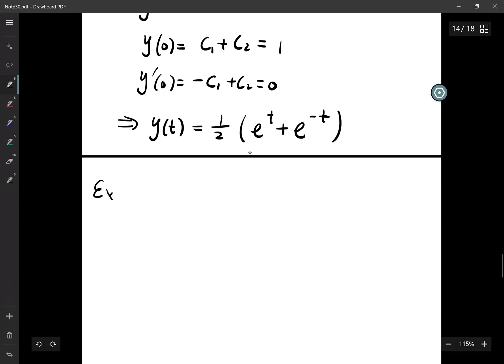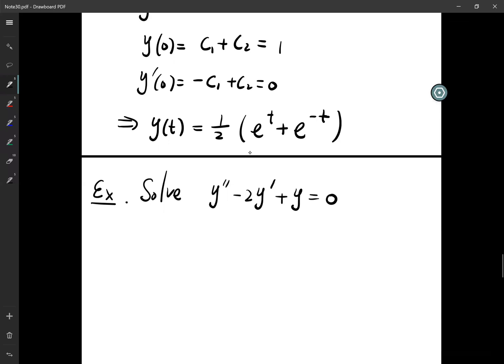Okay, so look at another problem. y double prime minus 2y prime plus y equal to 0. So this one, again, we look at the auxiliary equation.